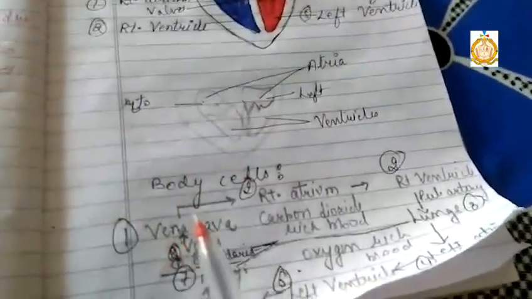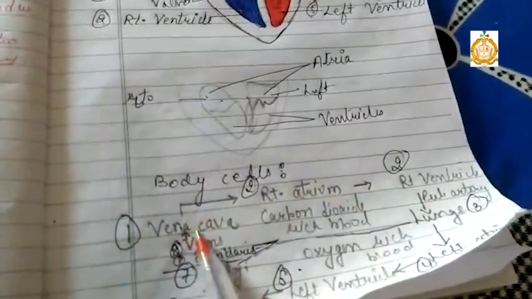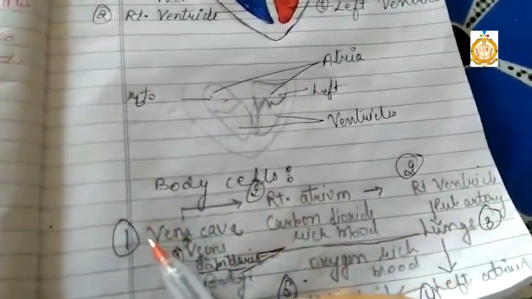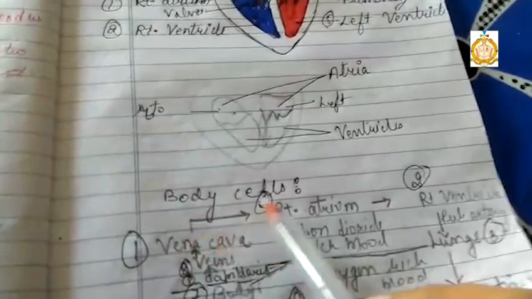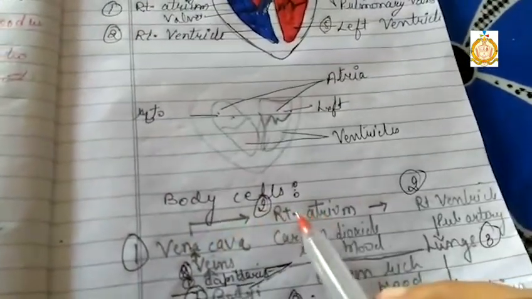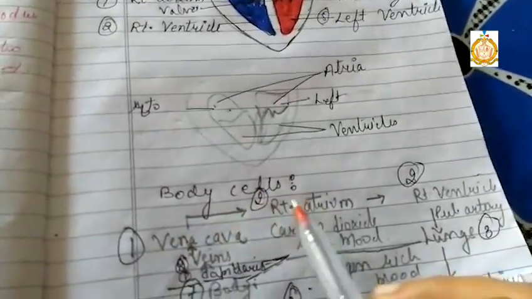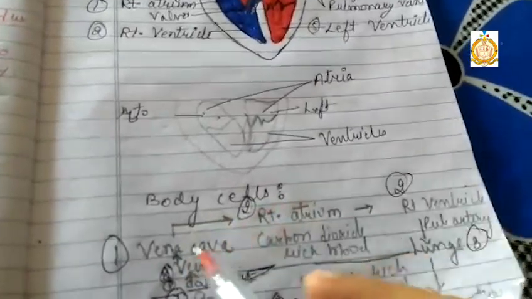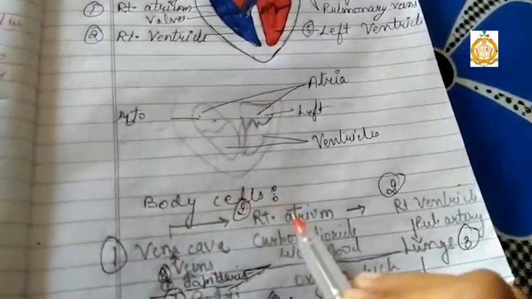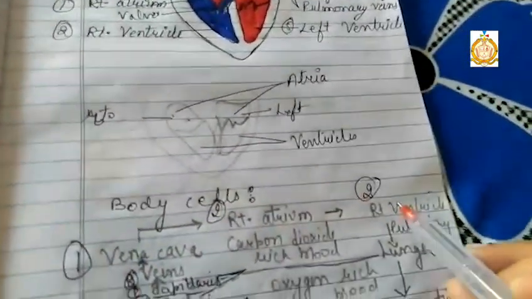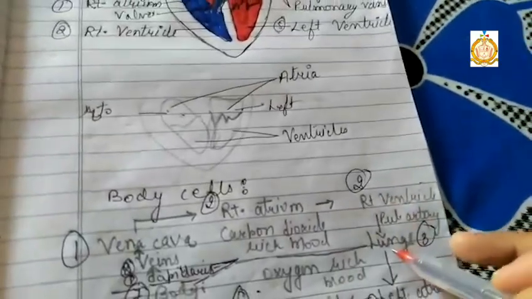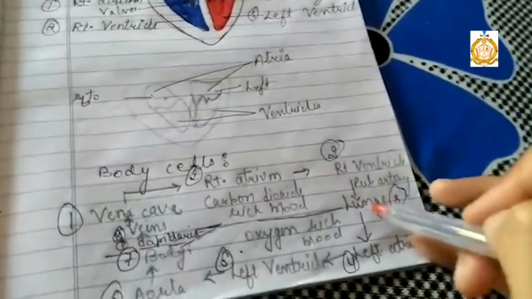So what is the passage? First of all, write down with me in your copies. Deoxygenated blood passes into the right atrium from the vena cava. First the vena cava, then right atrium, after that right ventricle, then into the lungs through the pulmonary artery.